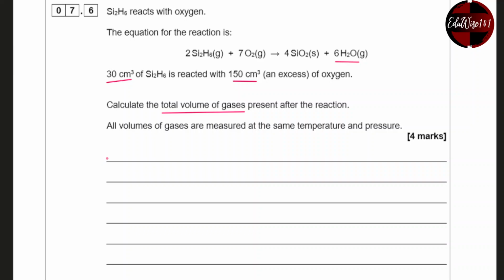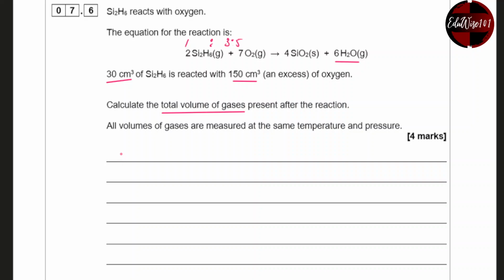For the volume of oxygen for 30 centimeter cube, the ratio is 2:7. If I simplify that, that will be 1:3.5, isn't it? So what is 3.5 times 30?